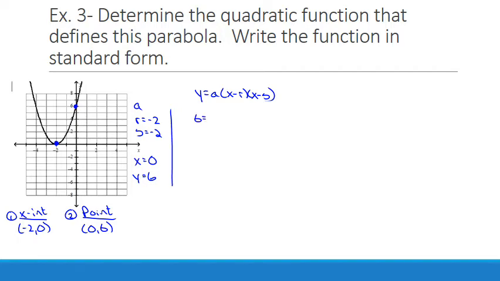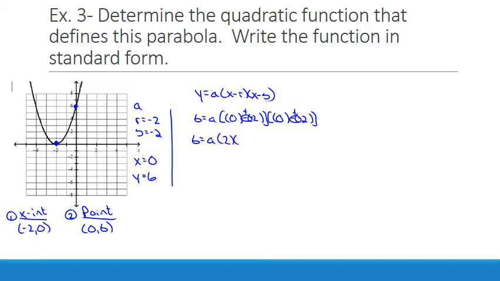So 6 equals A. Here's my empty brackets I was trying to talk about last example. All right, X is 0, R is negative 2, and S is also negative 2. So this is a plus, so 0 plus 2 is 2.